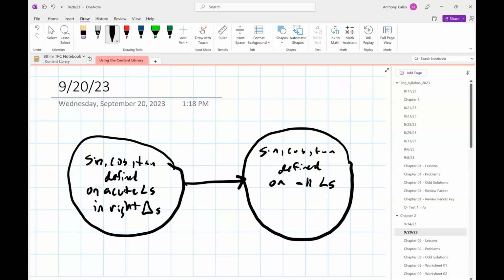So that's going to be the goal here for chapter 2.